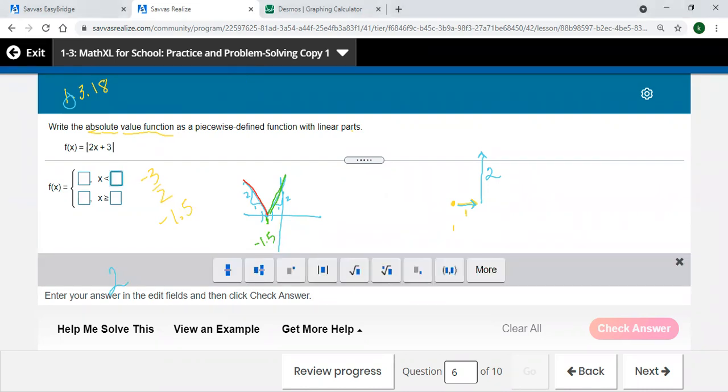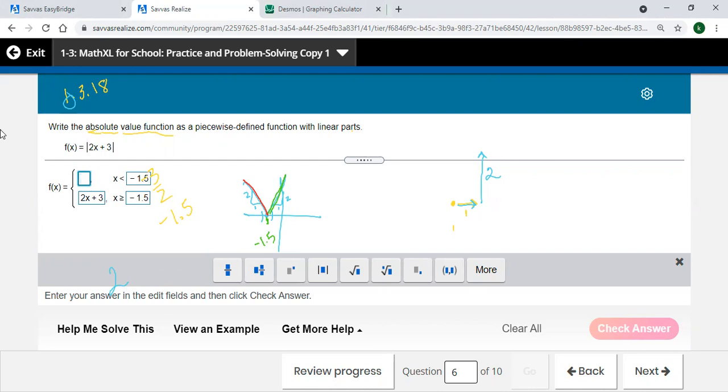Because my x's changed directions, these are going to both be at negative 1.5. Now, what goes in here is my equation. On the right side, that might be easier to do because we could actually see the y-intercept. If you remember, that y-intercept was the 3. So on this right arm over here, that's just your 2x plus 3.